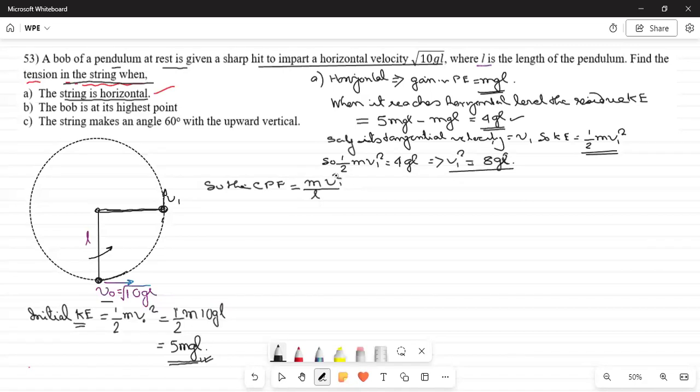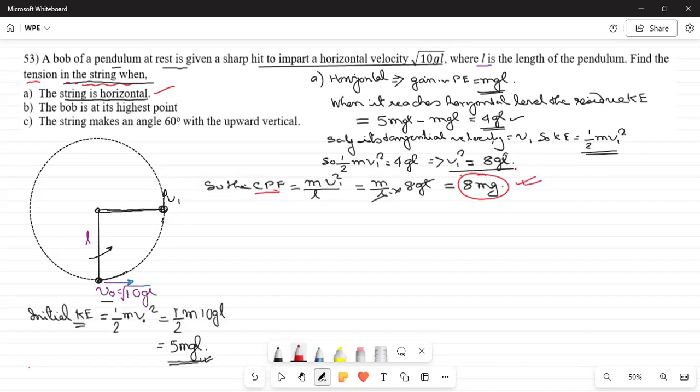So this is equal to m by L multiplied by v1 square. You have already got 8 gL, so the L gets cancelled. This is equal to 8 mg. So this is one answer: the tension of the string, which is equal to the centripetal force, is 8 mg when the body is horizontal.